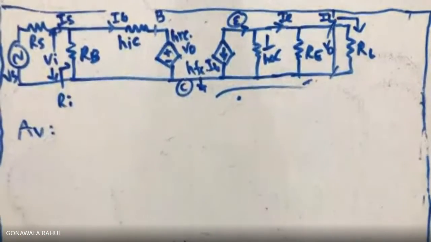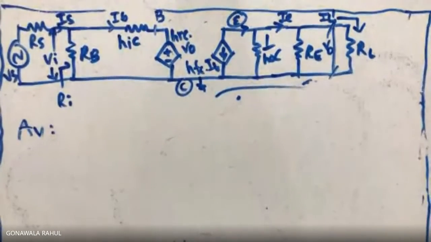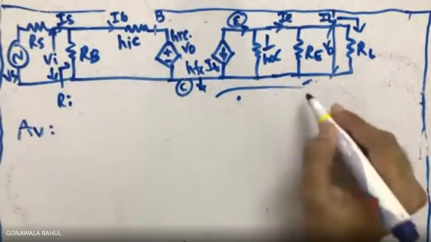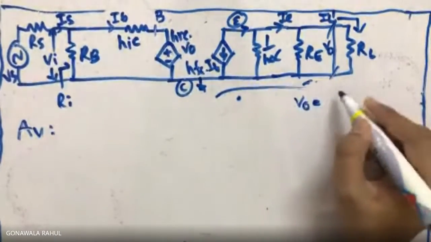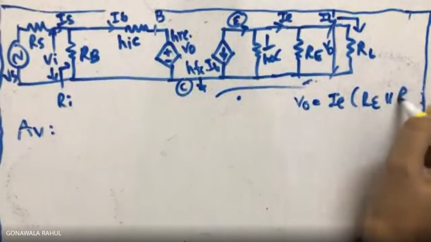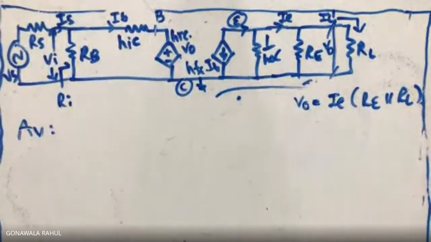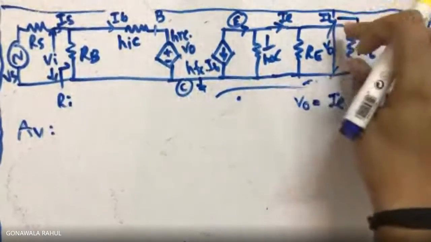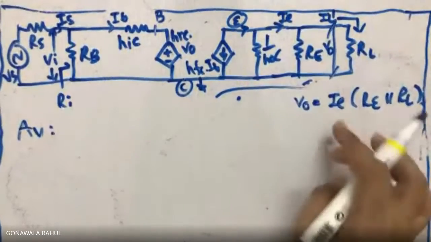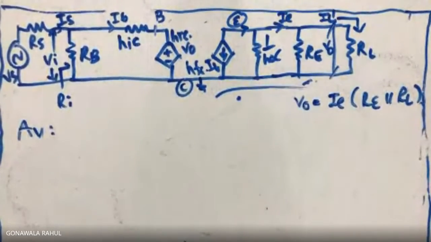Voltage gain, AV. First of all, to find AV, what is my output that we earlier used? V out is equal to IE into RE parallel RL, or you can say IE into RL dash for simplicity.